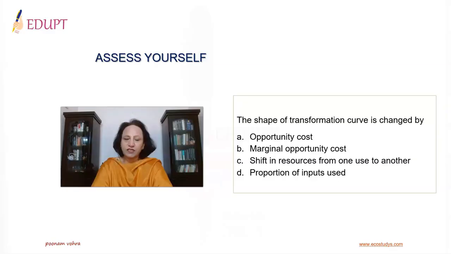Now assess yourself and answer the simple question by opting for the correct option out of the 4 options given for the statement. The shape of transformation curve is changed by option A, opportunity cost, B, marginal opportunity cost, C, shift in resources from one use to another, and D, proportion of inputs used.